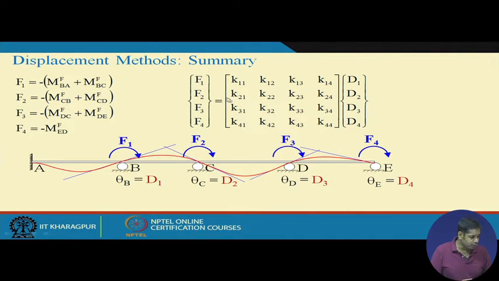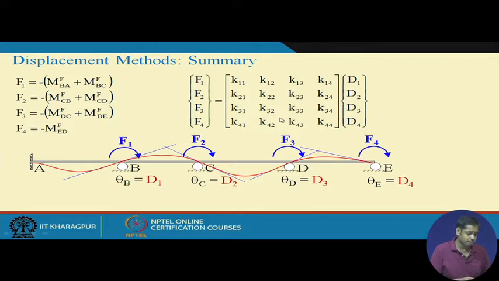So these are the forces at these joints, and these are the degrees of freedom at these joints that we are interested in. These forces and degrees of freedom are related through a matrix which is called the stiffness matrix, and K11, K12 are the elements of the stiffness matrix.